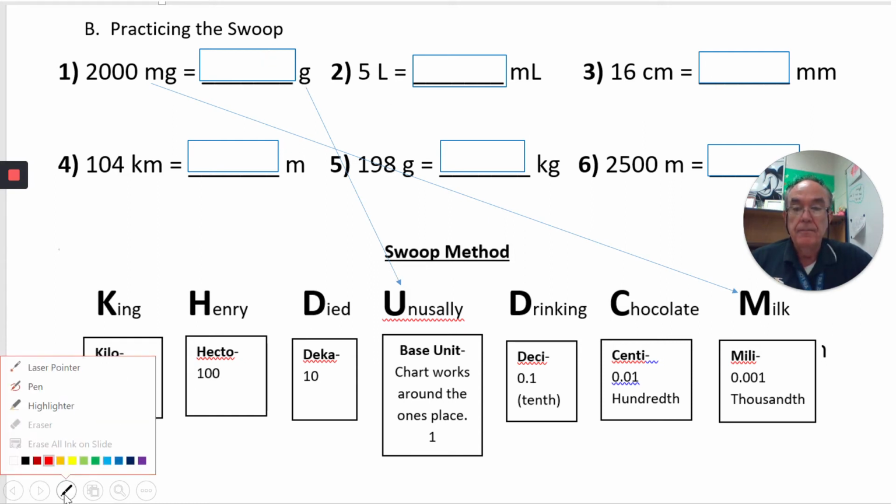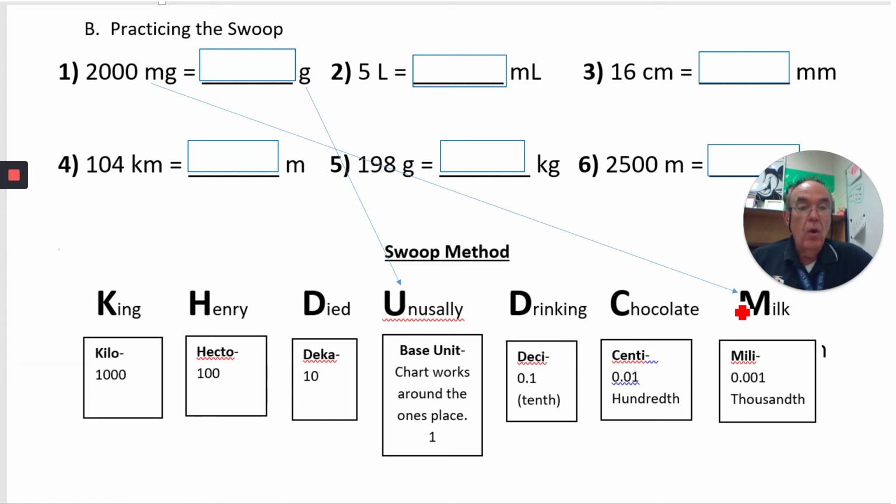Now, we're going to go 1, 2, 3 swoops to get to the base unit. So we're going to remember that we can add the decimal point here to the 2,000.